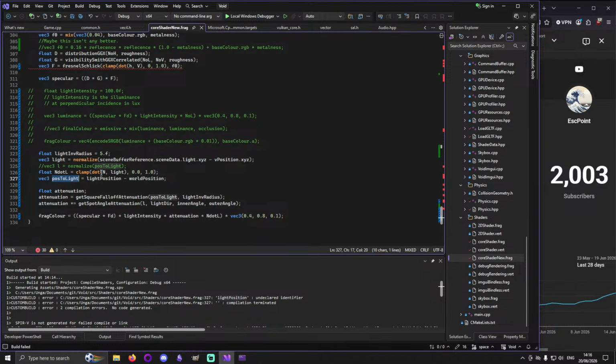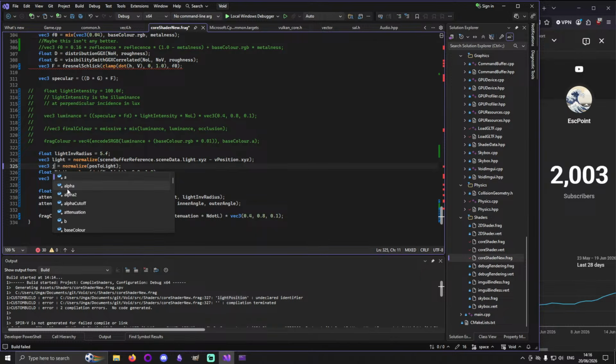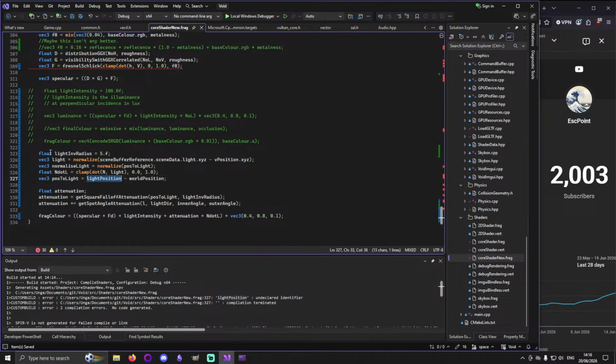Right? Yeah, okay. Right, let's fix this. Normalized light. Yes. And this is light position. Okay. Do this, and normalized light is there now. Okay, cool.